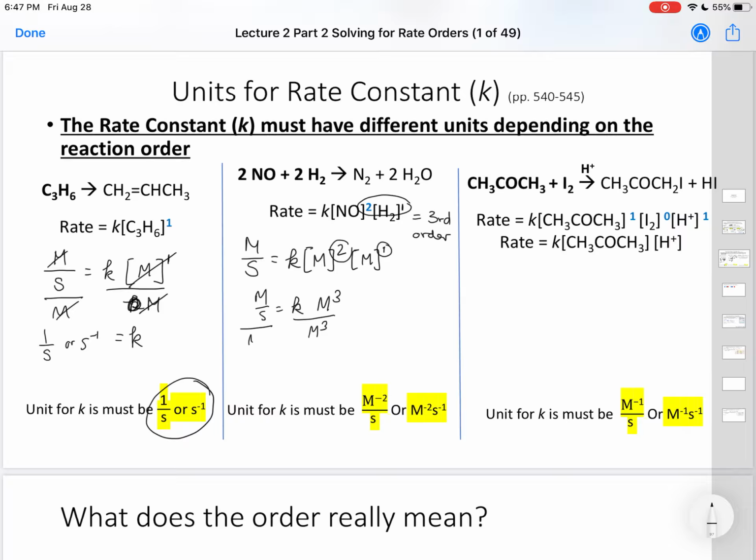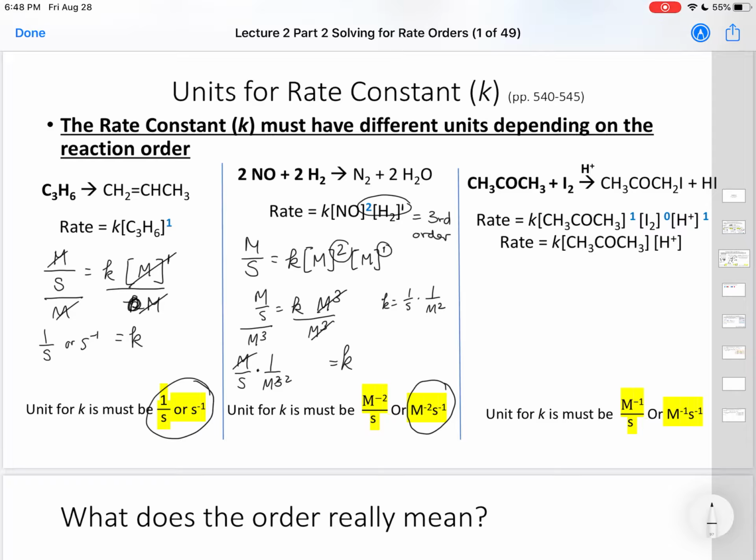So you divide by M to the third on both sides. Be careful: K is equal to M over S divided by M to the third, which is multiplied by 1 over M to the third. So the M cancels out, and K equals 1 over S times 1 over M squared. An easy way to write that is M to the minus 2, S to the minus 1.